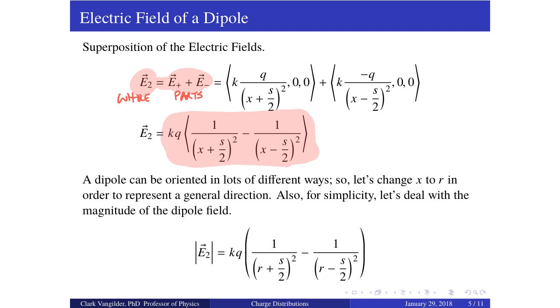Congratulations. Now, we imposed this thing. This is only x direction. Not because the dipole can only be in the x direction, it's because that's the way I modeled it.